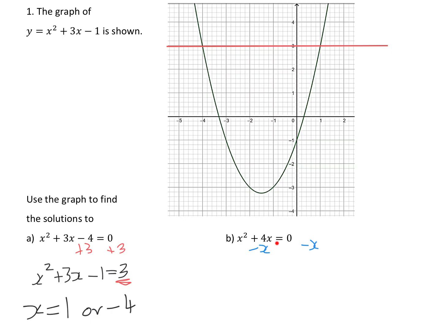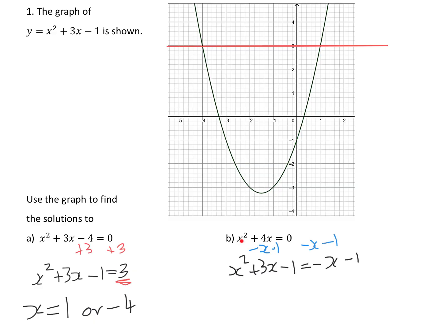And there's no number on the left-hand side, but we need the number to be minus 1. So we'd have to take away 1 as well from the left and balance it by taking 1 off the right. So if we do that to both sides, we would get x squared plus 3x minus 1 equals minus x minus 1.